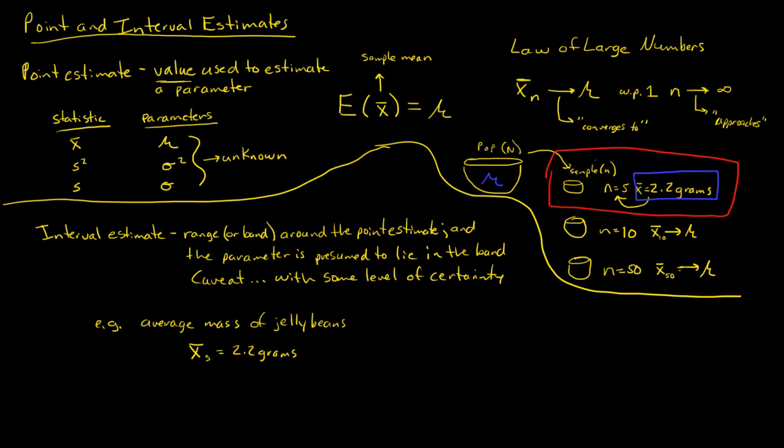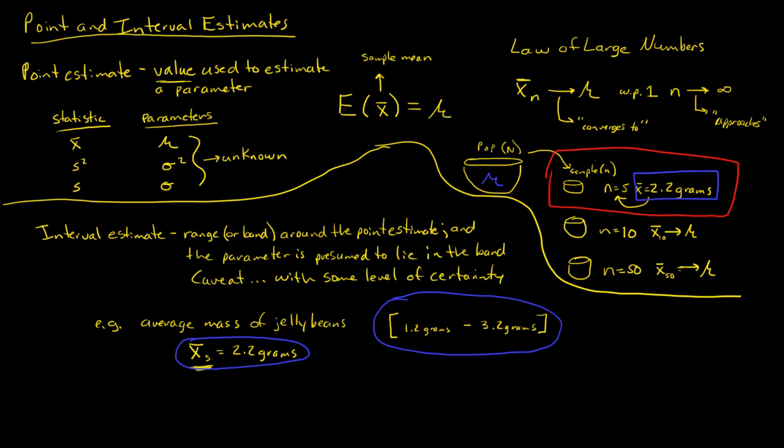It could be that your interval looks something like this, in brackets, 1.2 grams to 3.2 grams, and that was your interval estimate around this point estimate over here. Let me bracket this in a different color. So this is the interval estimate, and it is around this point estimate. In other words, this point estimate would lie exactly in the arithmetic middle of this interval.